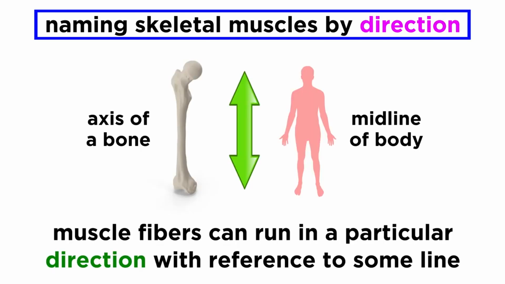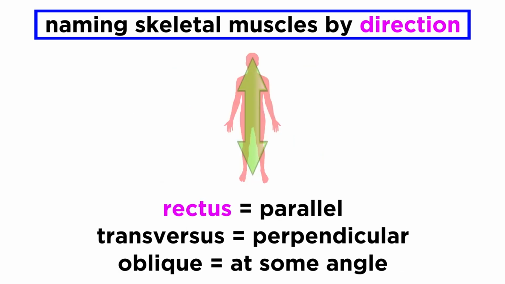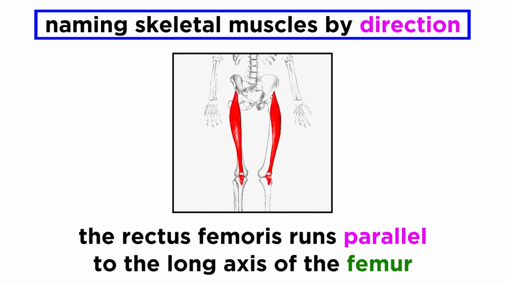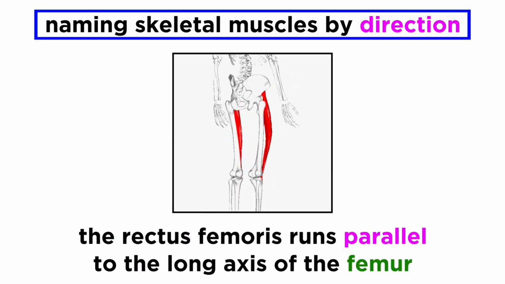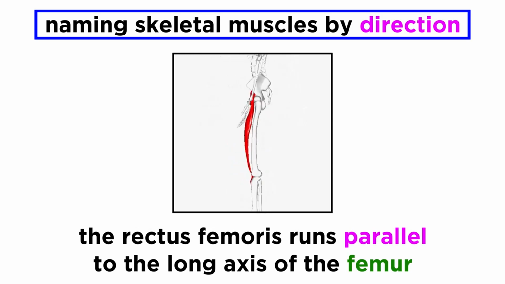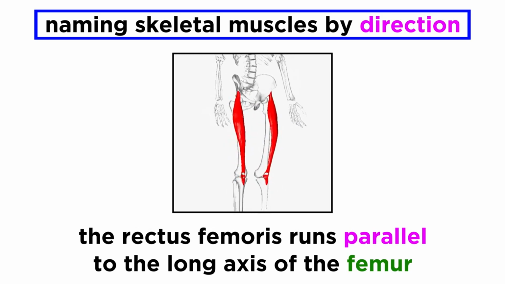Sometimes these run in a particular direction with reference to a particular line, like the midline of the body or the axis of a bone. Rectus means parallel, transversus means perpendicular, and oblique means at some angle. So the rectus femoris is a muscle whose fibers run parallel to the long axis of the femur.